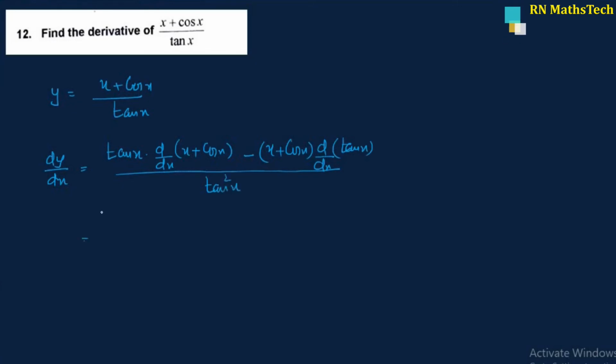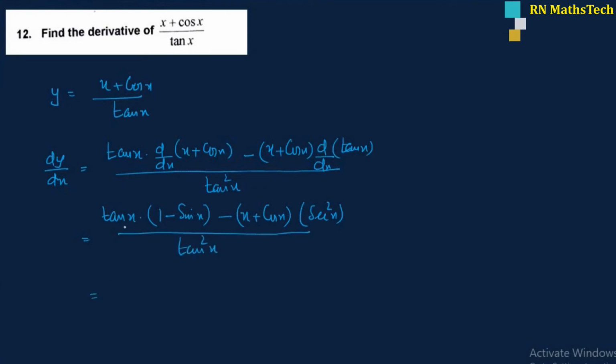Okay, that's equal to tan x into derivative of x is 1 and derivative of cos x is minus sin x, minus (x plus cos x) into derivative of tan x is sec square x, the whole divided by tan square x.